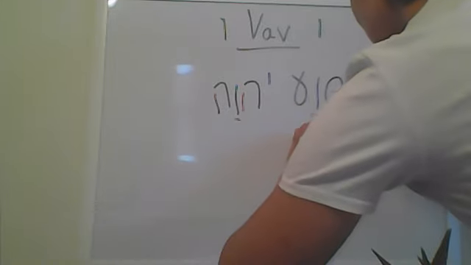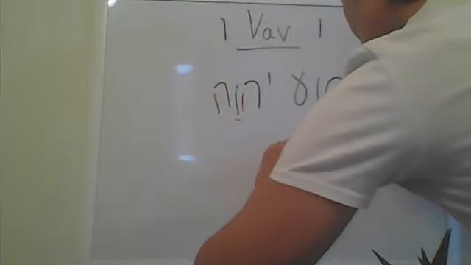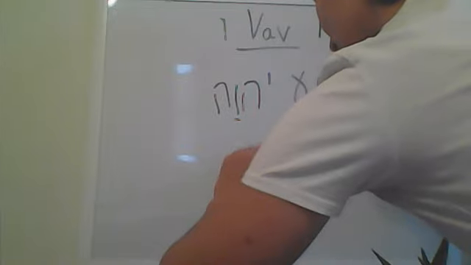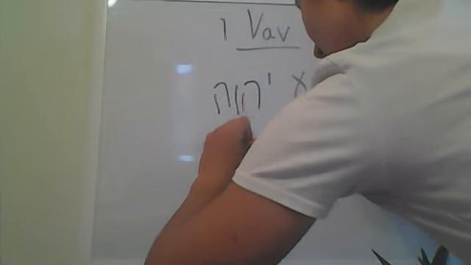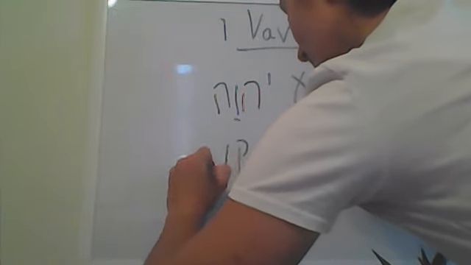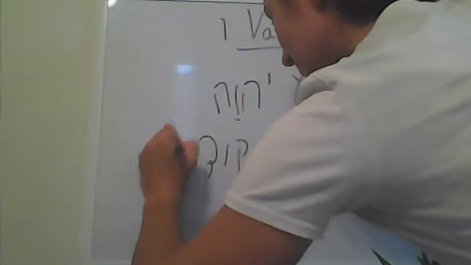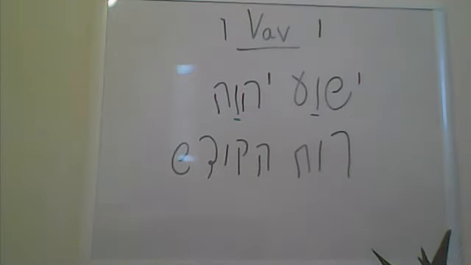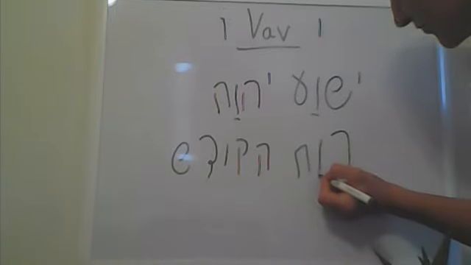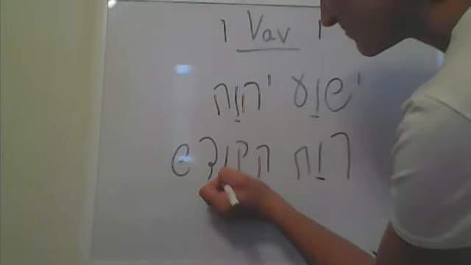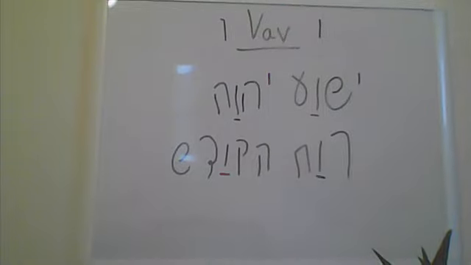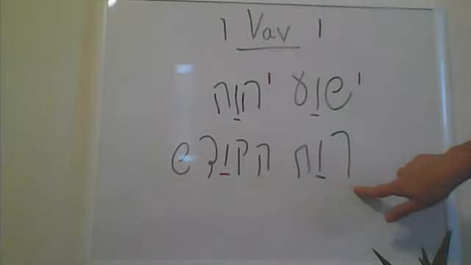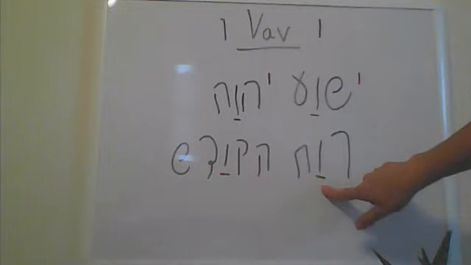And on top of that, Ruach Ha Kodesh. This is the Holy Spirit. Mind you, there are Vavs in both words. So the head of the Spirit protects the man.